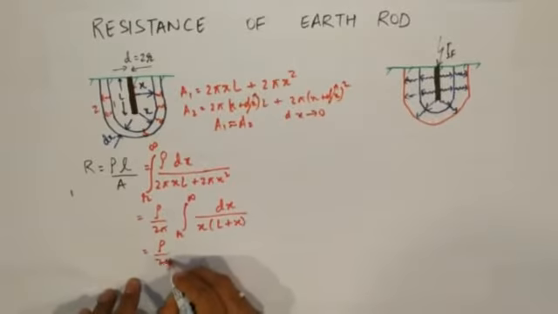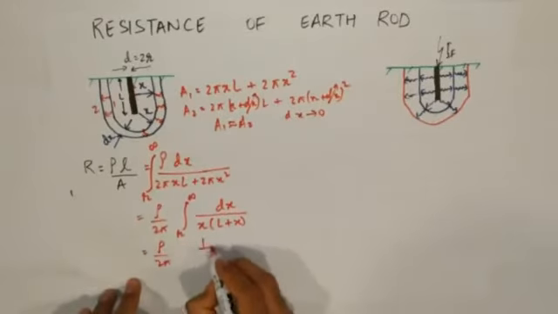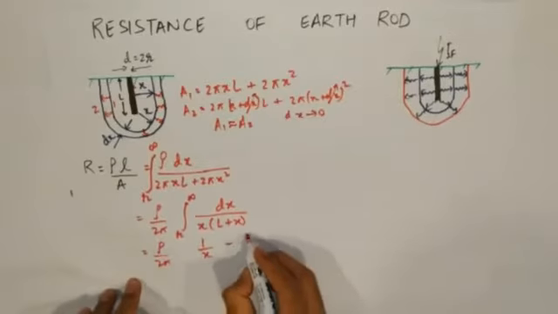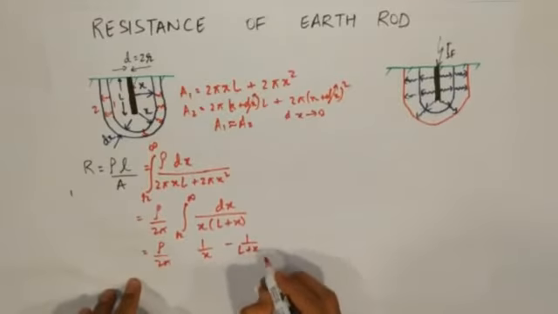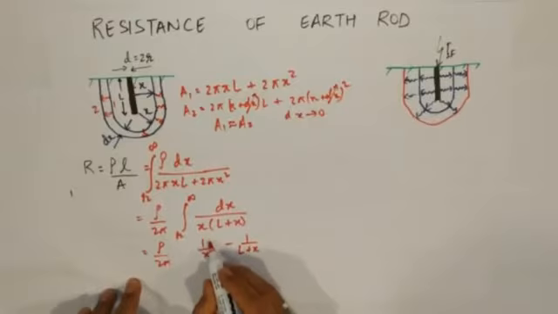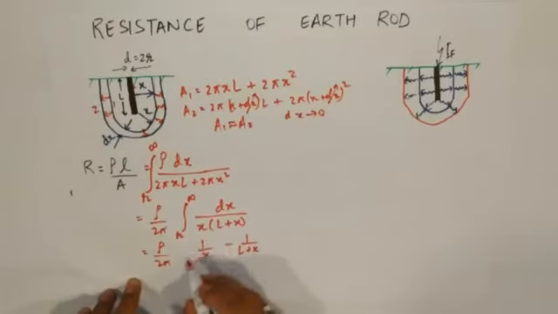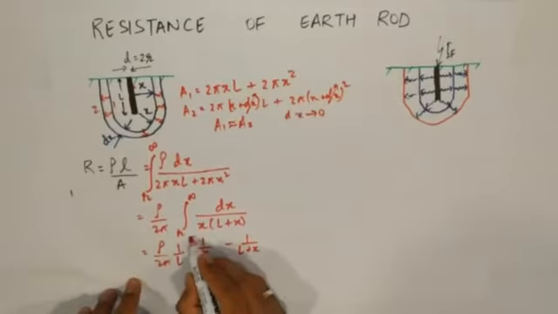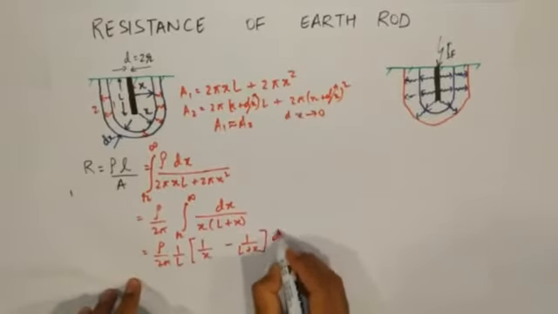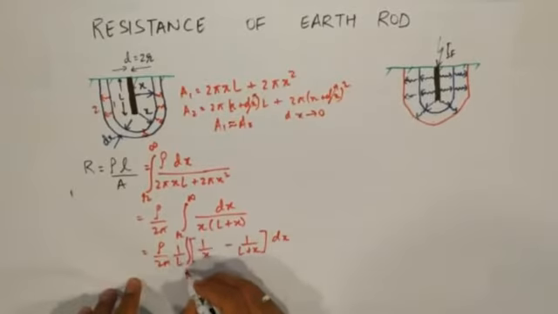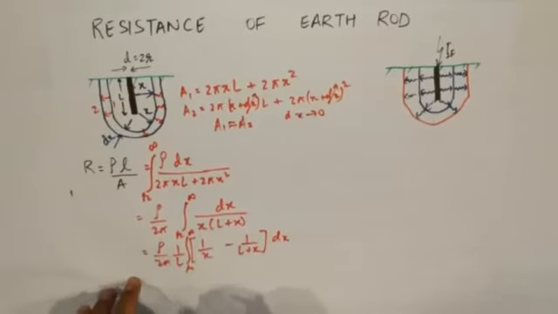If you perform partial fraction here, that means you separate this, it becomes 1 by x minus 1 by (L plus x). If you write here L plus x, you solve this, you will write L plus x minus x, so L will be extra. So what we do in the numerator, if L is coming, we will divide in the denominator and integrate it from R to infinity.